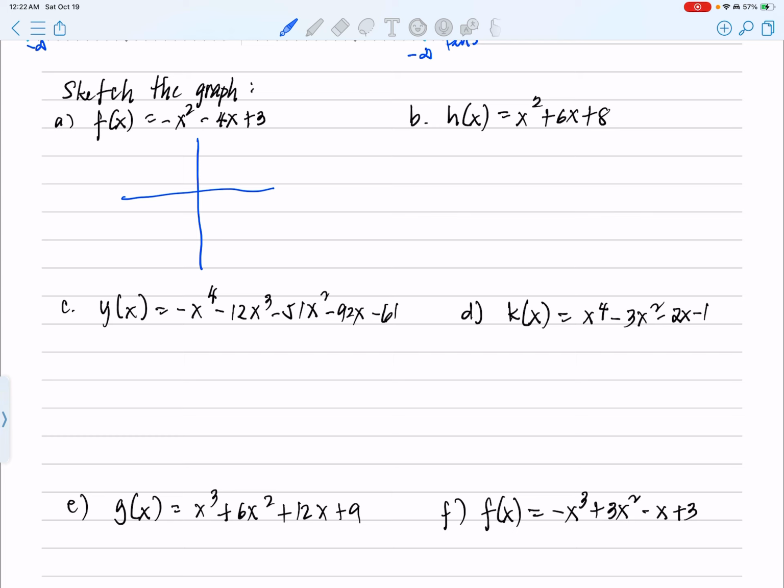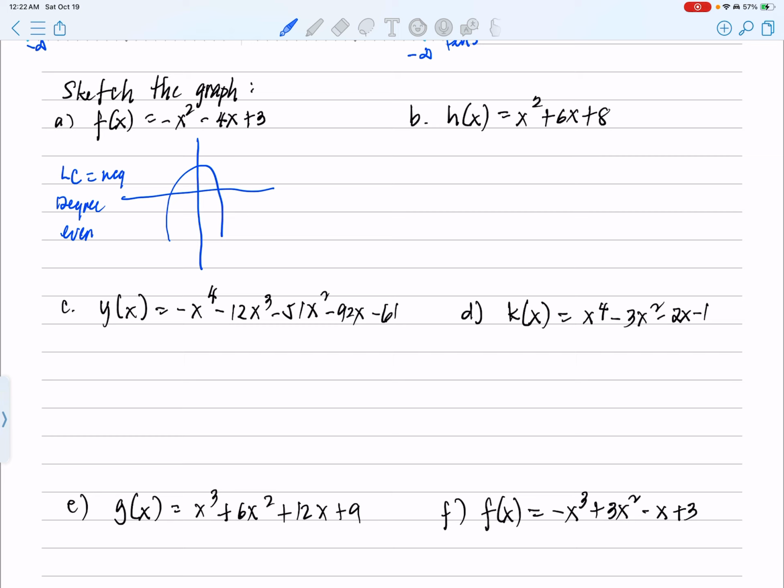But it's negative. That means our parabola is facing down. Okay? The leading coefficient is negative and the exponent is even. Leading coefficient is negative and the degree is even.